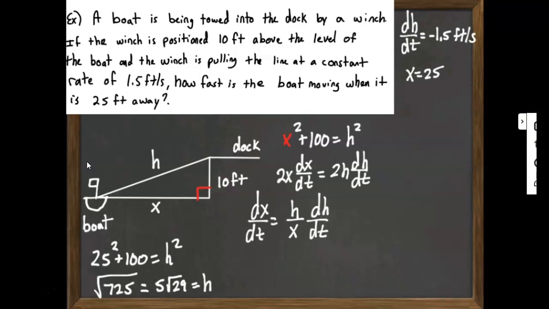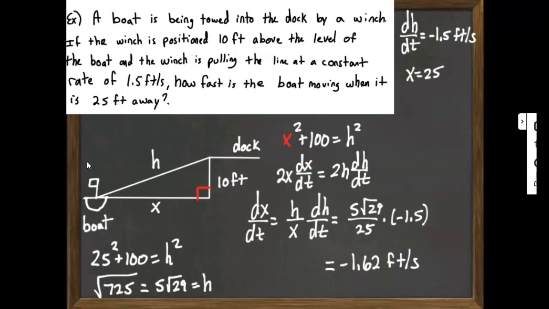So let's put our information in now. h is 5 square roots of 29, or square root of 725, divided by 25, times dh/dt, which is negative 1.5. Then we just simplify, and we get that the boat is currently moving at a rate of about 1.62 feet per second.